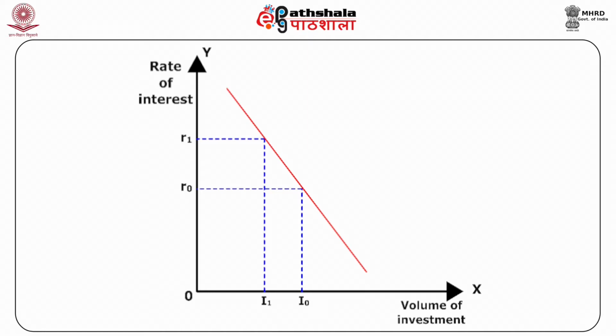Now, this rate of interest, which is determined in the money market, is then in a sense borrowed by the capital market, because it does not have a rate of interest of its own. So, in this sense, the rate of interest is exogenous as far as the capital market is concerned. The only difference is that in the money market, the rate of interest is the short-term rate of interest, and in the capital market, it is the long-term rate of interest.